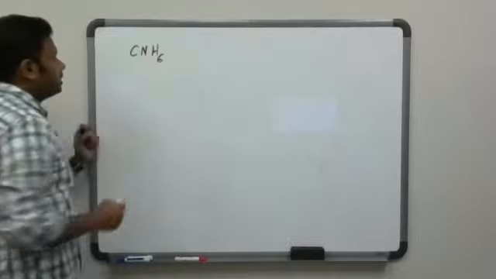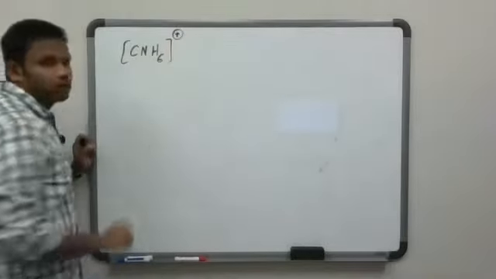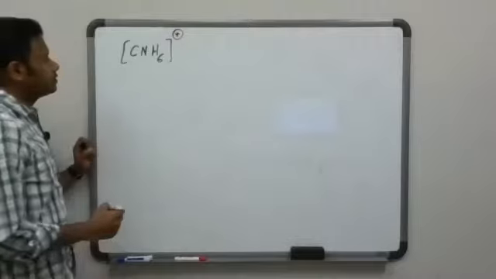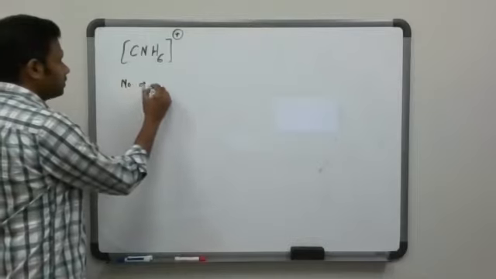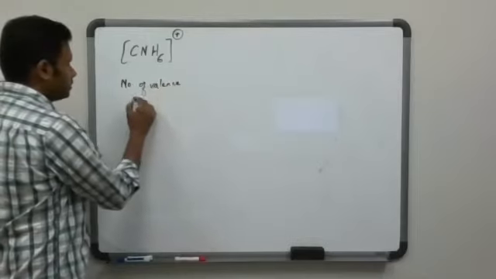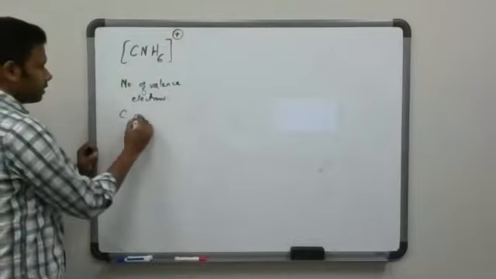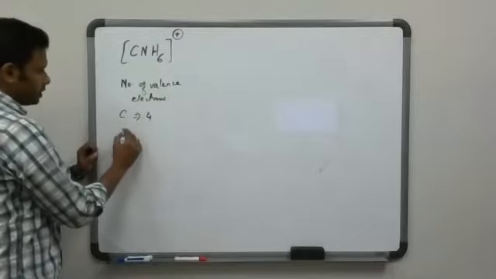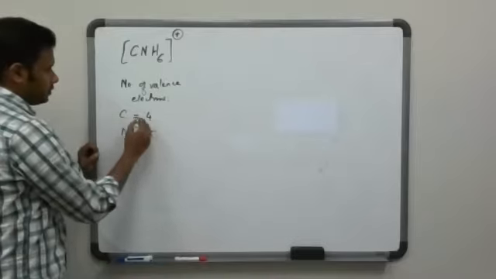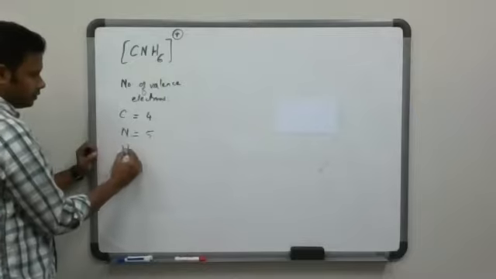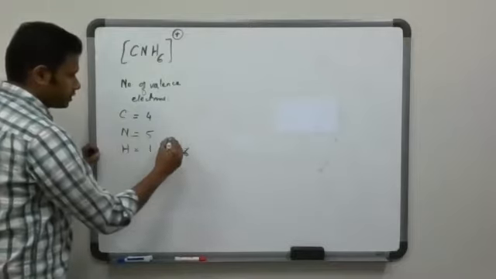Let's say this is CH6N, but now this has a positive charge overall. Okay, so CH6N, but there's a positive charge overall. So now when you count the number of valence electrons, carbon is 4, nitrogen is 5, hydrogen equals 1, but there's 6 of them, so that's a total of 6 electrons.